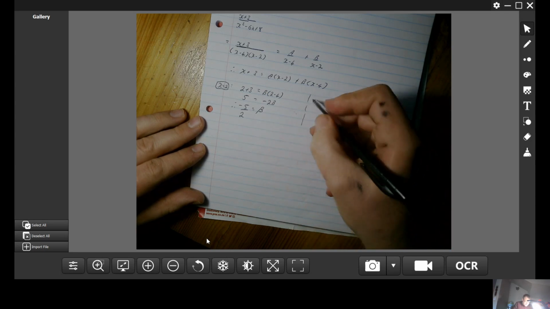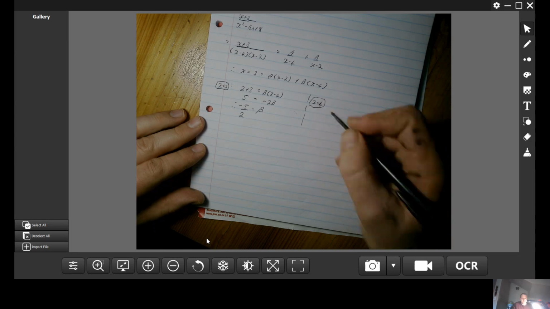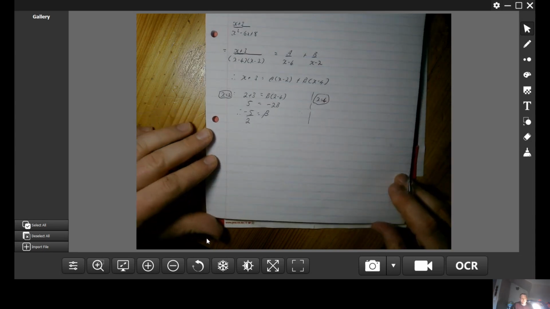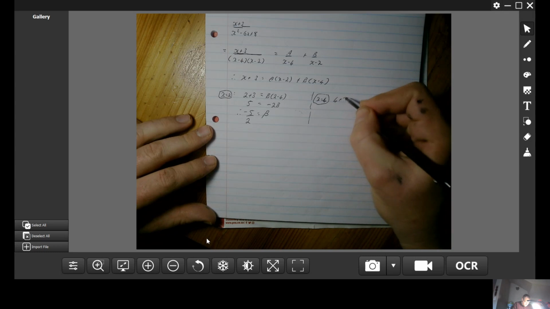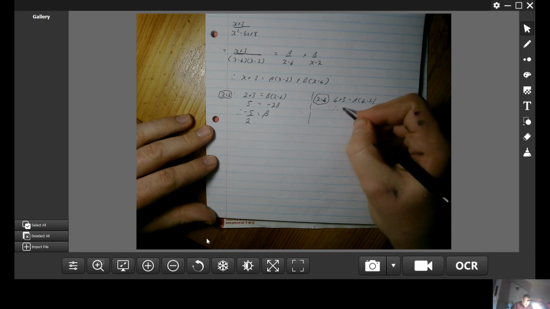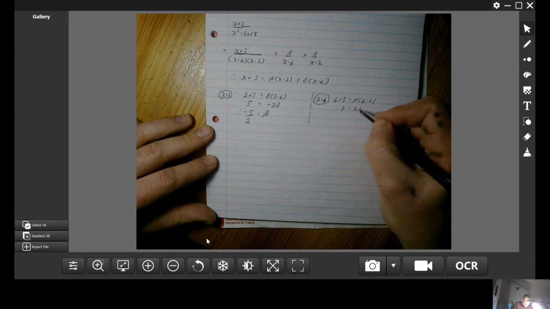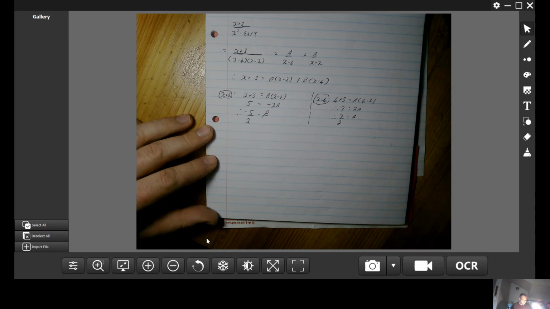And if I let x be equal to 4, that's going to make the b's disappear. So 4 plus 3 is equal to a times 4 minus 2. So 7 is equal to 2a, so 7 over 2 is equal to a.